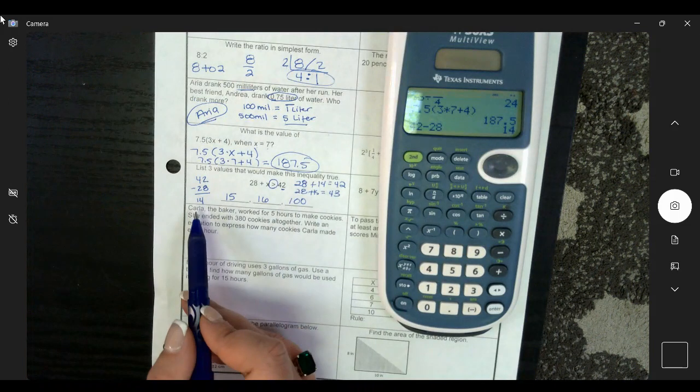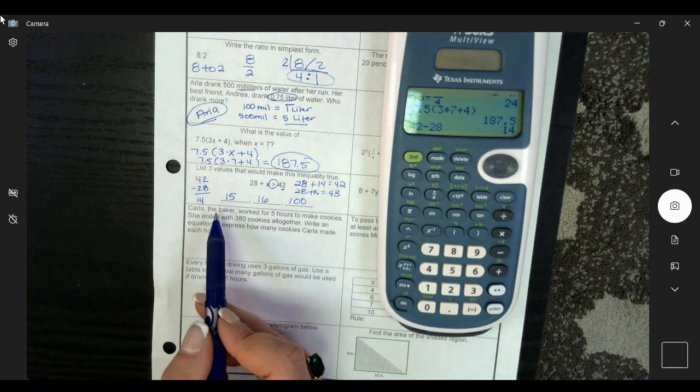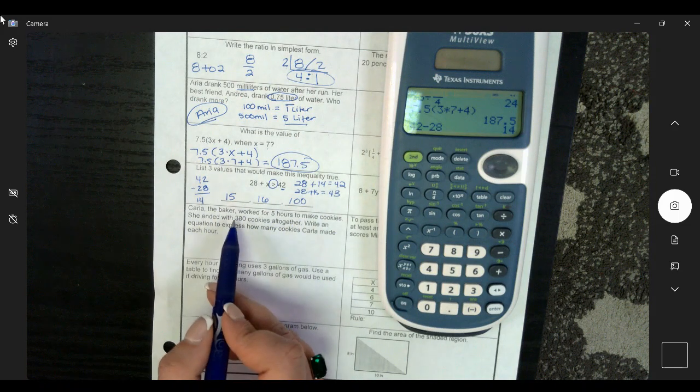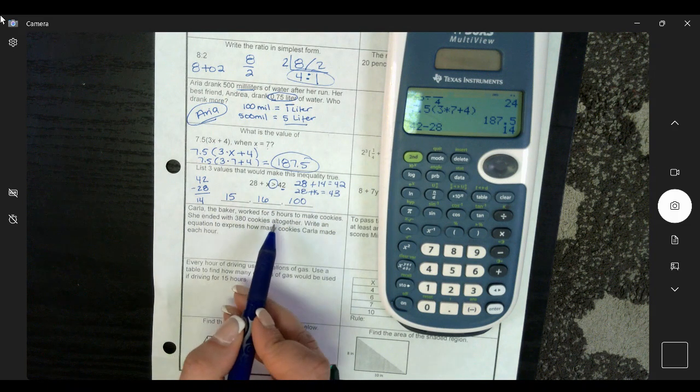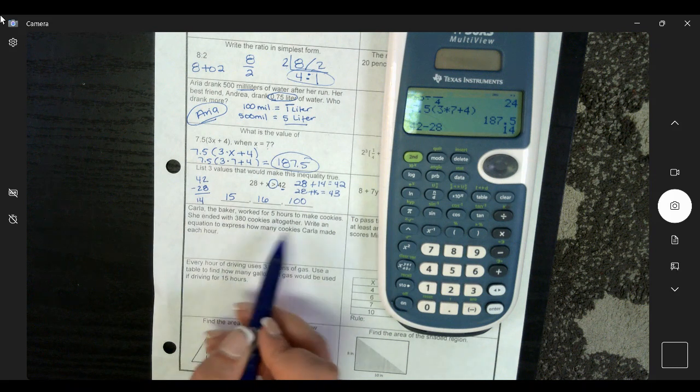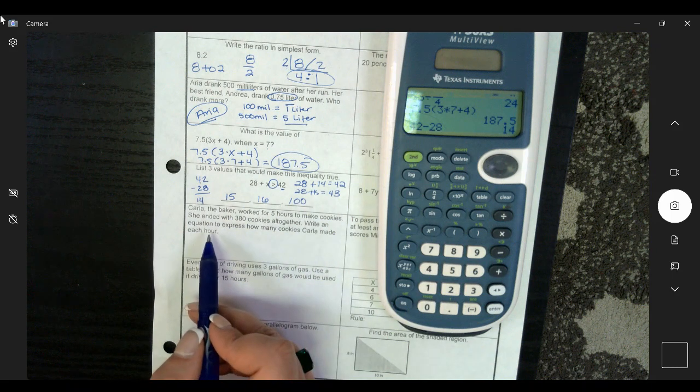All right, next question. Carla, the baker, worked for 5 hours to make cookies. She ended up with 380 cookies altogether. Write an equation to express how many cookies Carla made each hour.